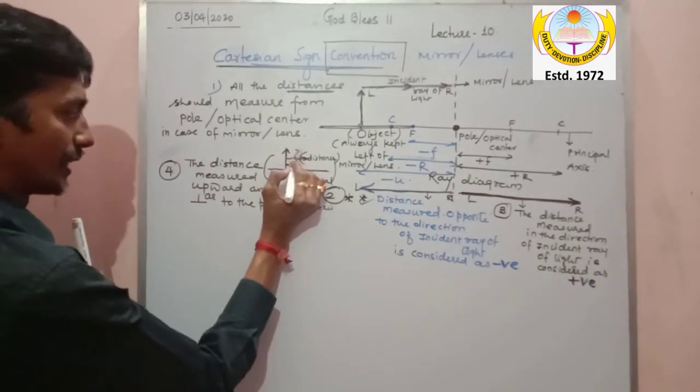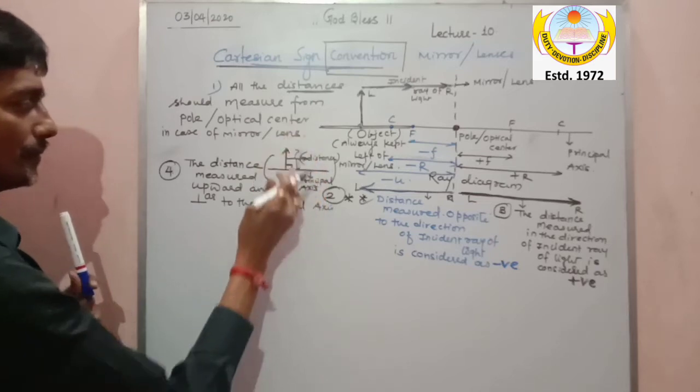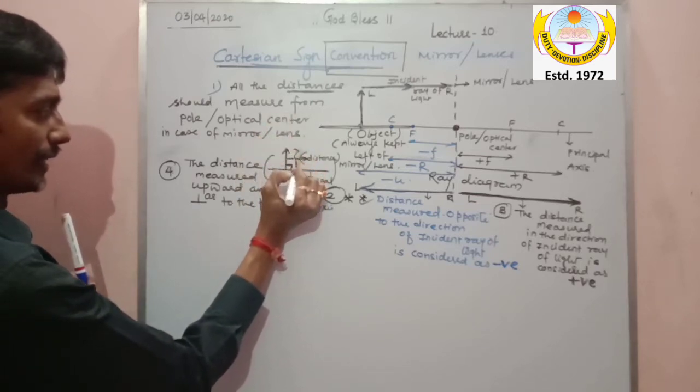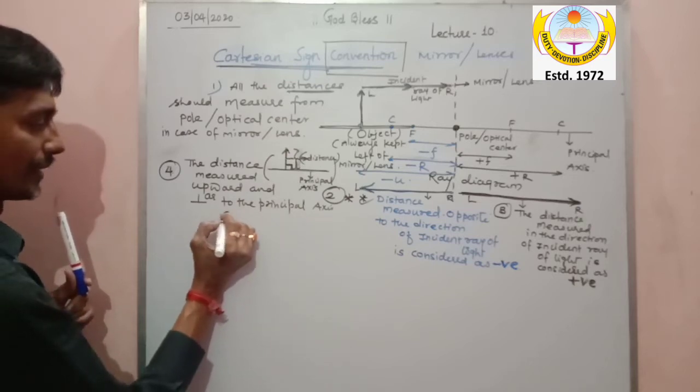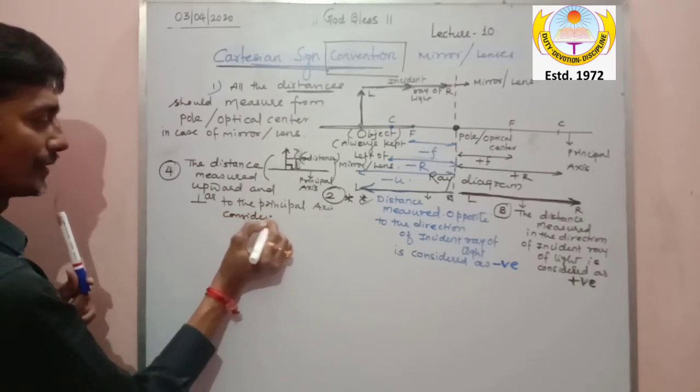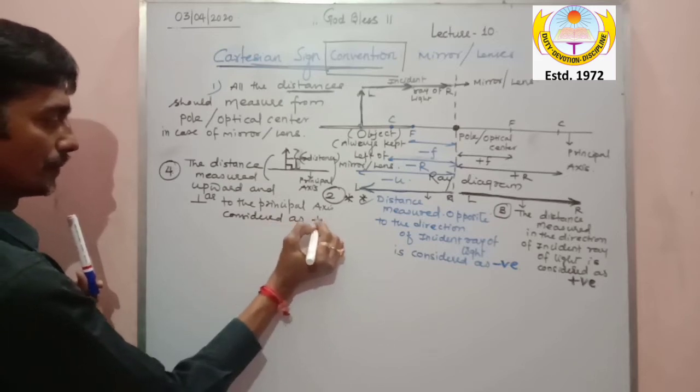You can see in the diagram, this distance is measured upward, perpendicular to the principal axis, and is considered positive.